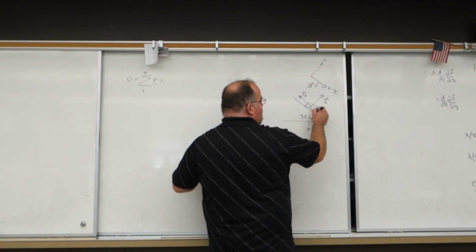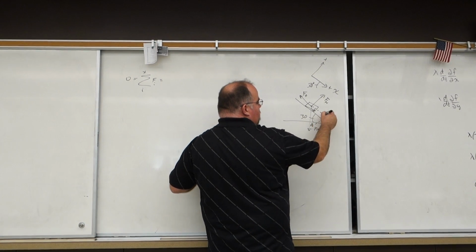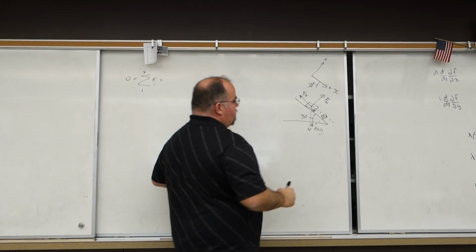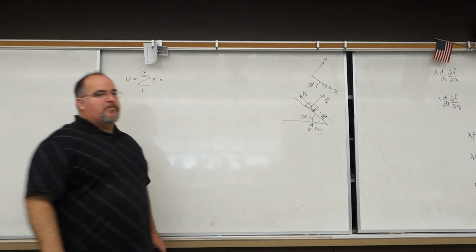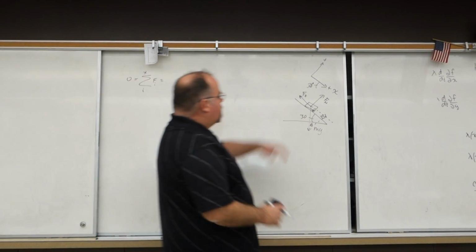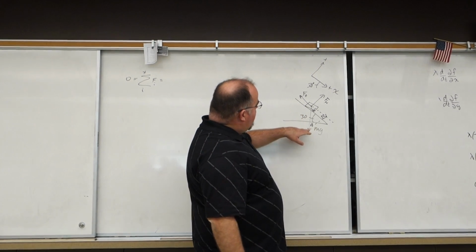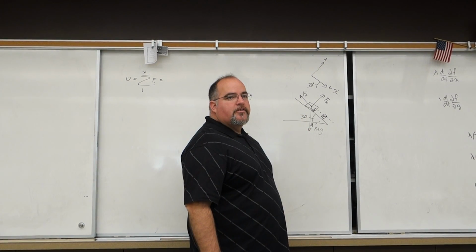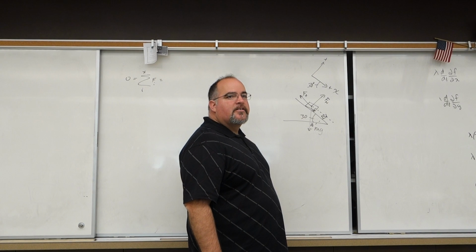Let's call this alpha, beta, and this one is just a right angle triangle. That's not going to change. Which one's the supplementary, the alpha or the beta? The beta, because as this goes down, beta is also going to be decreasing. Does everybody see that? It's kind of key.